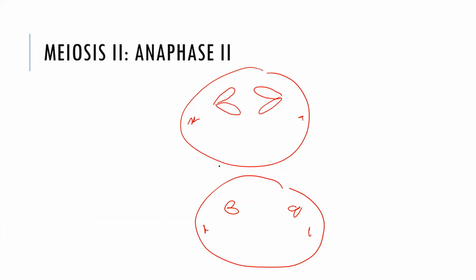So the sister chromatids separate from each other, forming chromosomes. Right. So these are pulled to the opposite ends of the cells.